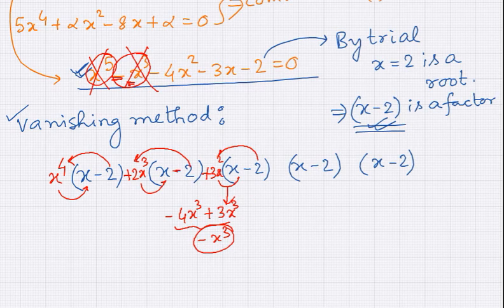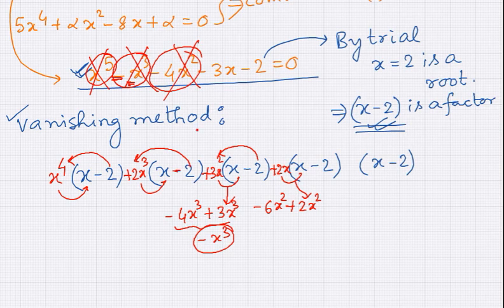Then we can see that this will be multiplied to give us minus 6x squared, but originally what is present? Minus 4x squared. So to balance that we need another 2x squared. So the next factor will be multiplied with 2x, because this on multiplying should give us 2x squared. So this is also taken care of.